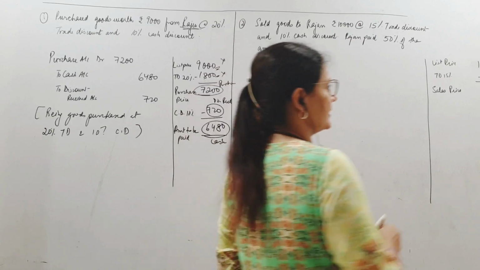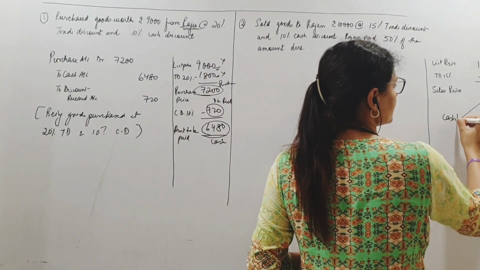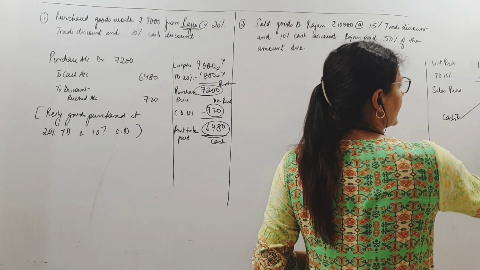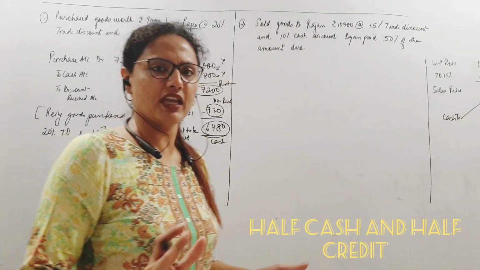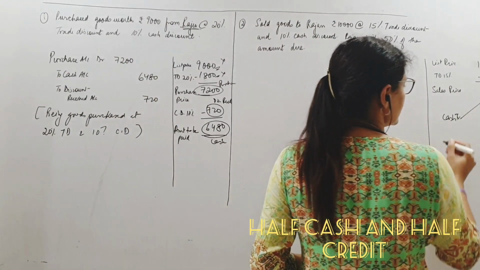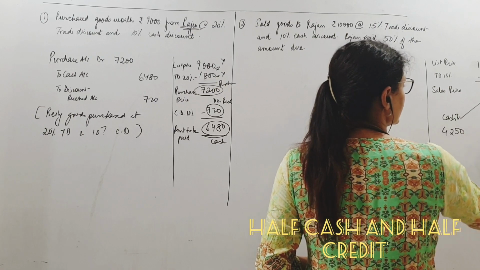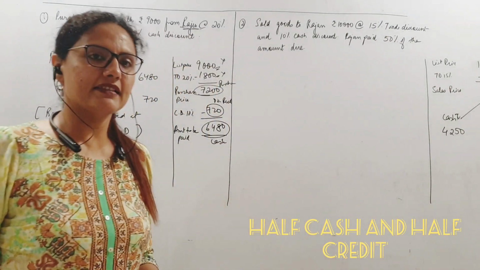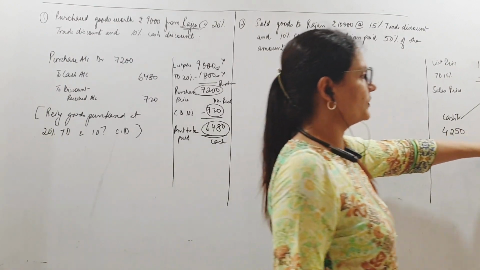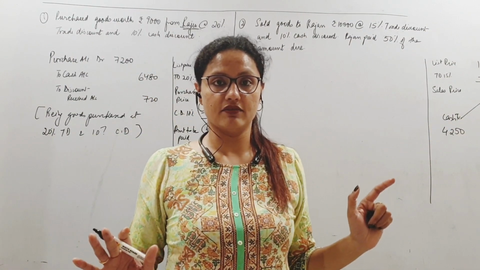Let us divide that. Partly cash, partly credit. How much is the cash transaction part and how much is the credit transaction part? 50-50, half and no issues. Half of this would be 4,250. So basically, this 4,250 is the credit part of it, and this I will not receive, right?